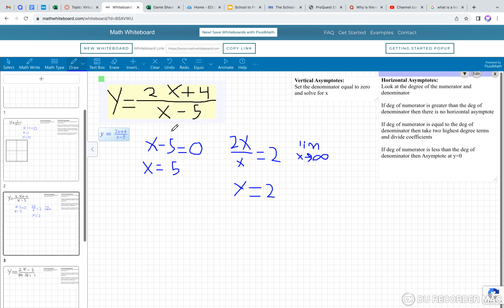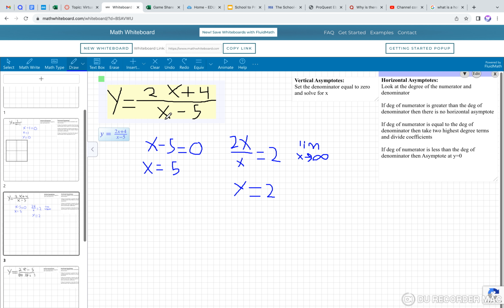So imagine we plug in, well, not infinity, but a really, really large number. Let's say we plug in 1,000. On the top, it would be 2,000 plus 4, 2004. Over, plugging in 1,000 at the bottom, we would get 995.